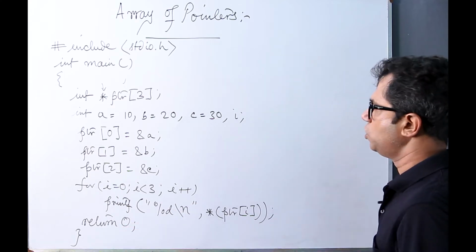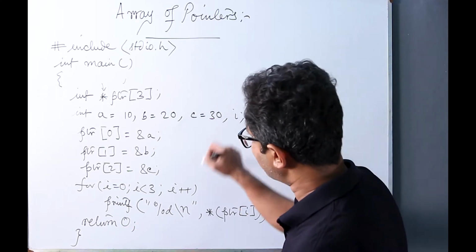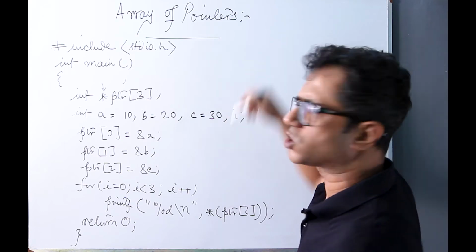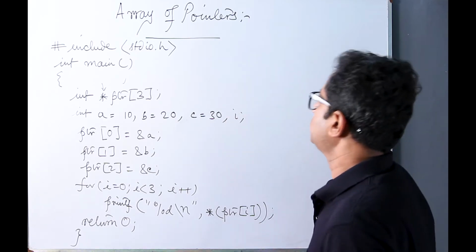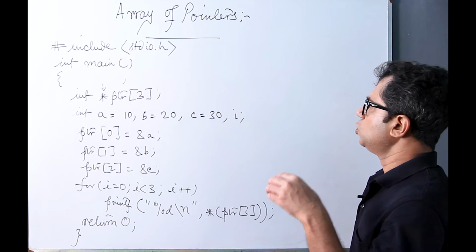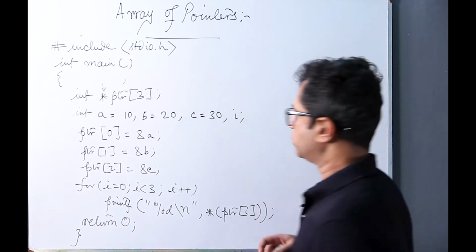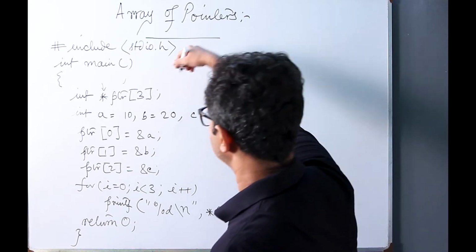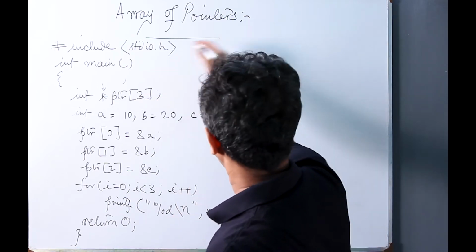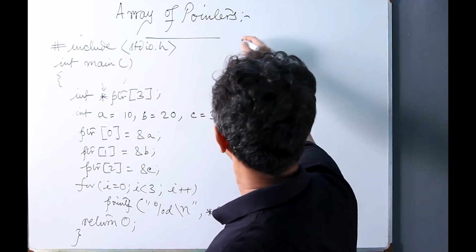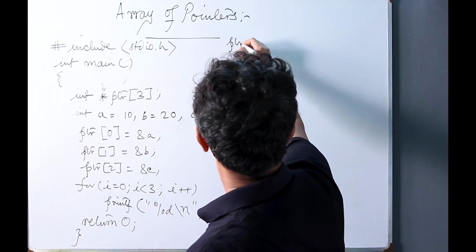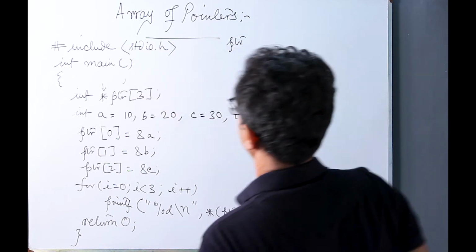So I am just going to discuss what I have written here by means of a memory map, so that you can get the inside story of what is happening inside this program. Suppose ptr3 is an array of pointers to integer. ptr is the name of the array.